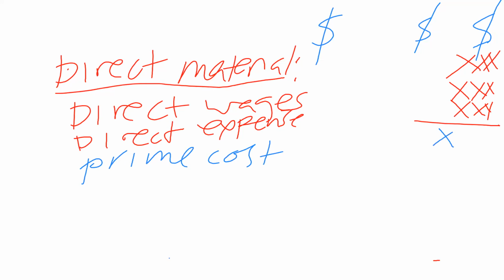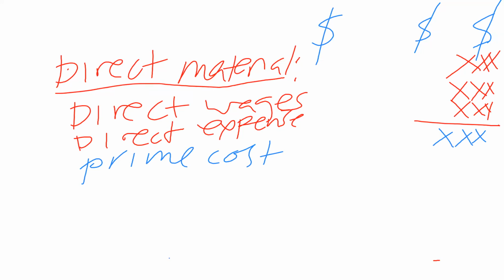It will be here. Is that clear? Yes, sir. So now you have the prime cost. To the prime cost, you have to add the overheads, the factory overheads, not the non-factory overheads.